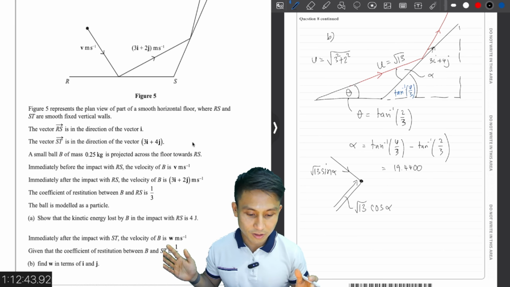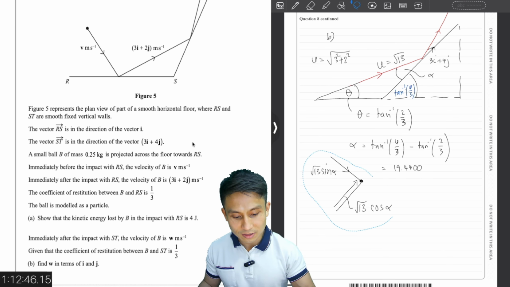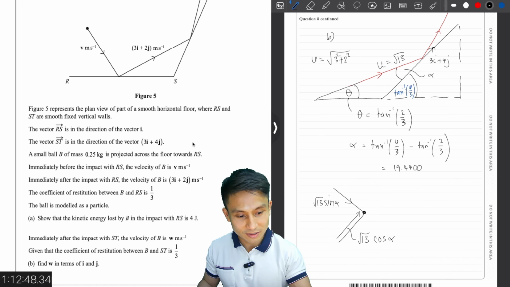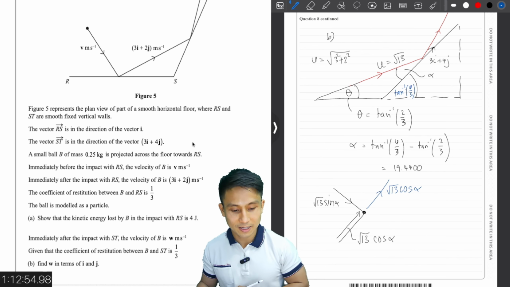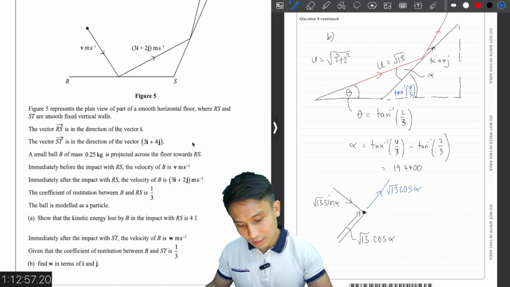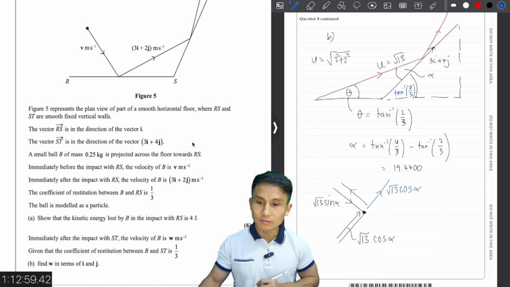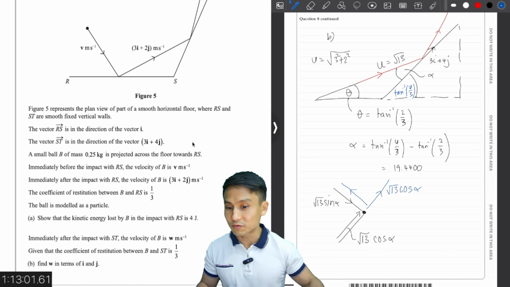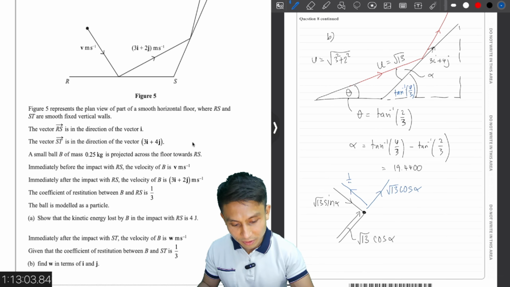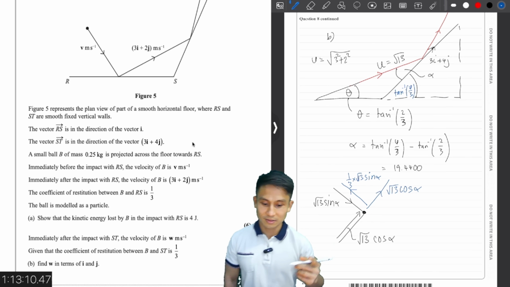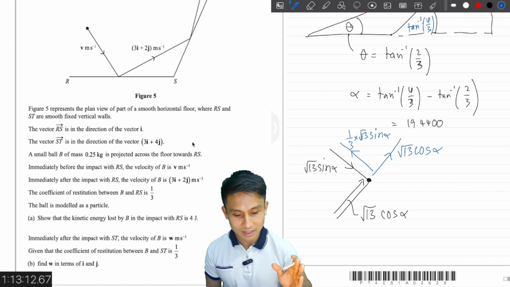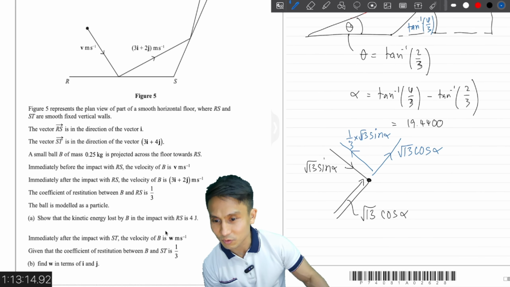Now, we know that root 13 cos alpha should be the same, so after the impact it would be root 13 cos alpha again. And this will be changed now, because we know that the coefficient of restitution is 1/3, so that should be 1/3 times root 13 sine alpha.